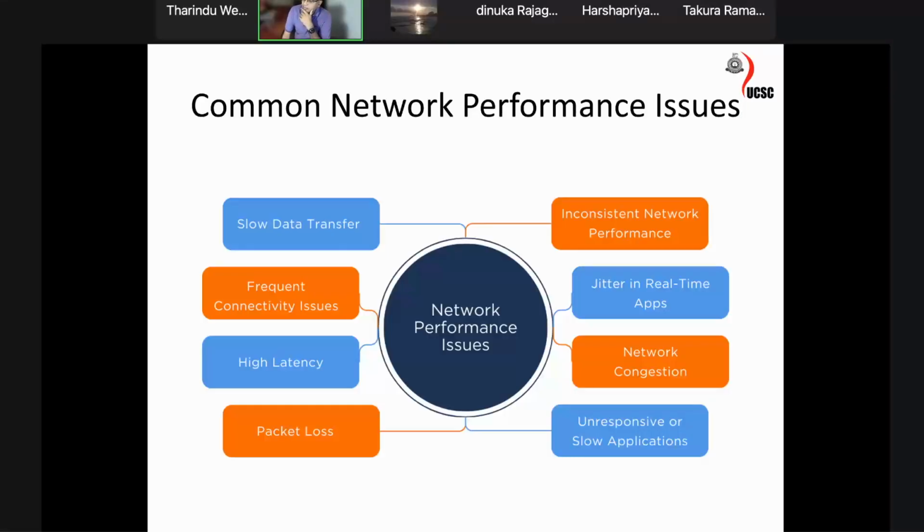If you are getting remote, these applications are quite affected by jitter. Jitter is something we can discuss as a metric as well. Jitter is a variation of delay, which means the packet transfer times vary between transfers.